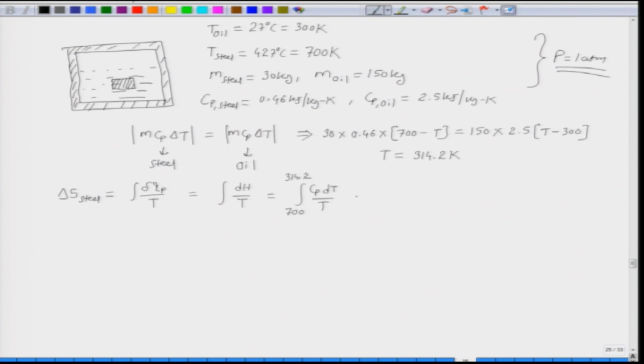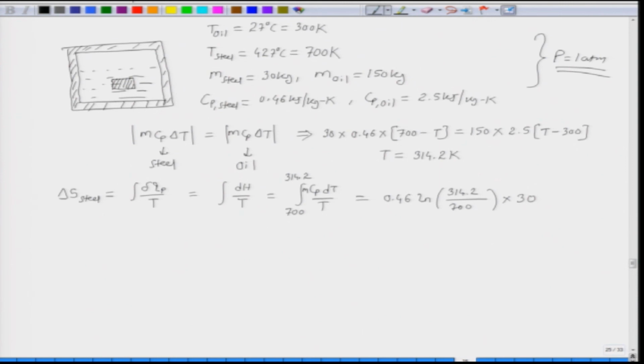So, this should be equal to 0.46 ln (314.2 divided by 700), and this has to be multiplied by mass because Cp is given in terms of per kg. So, this multiplied by 30.